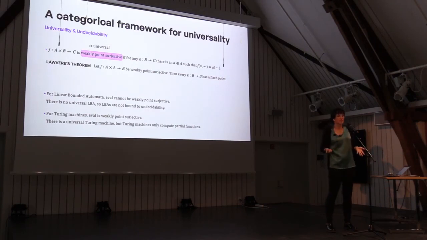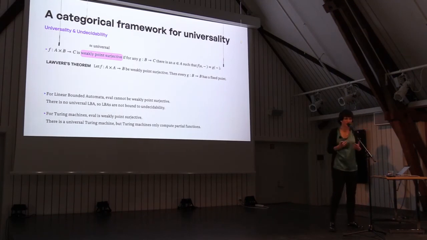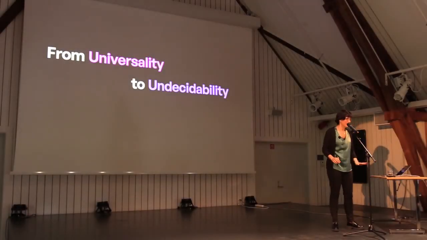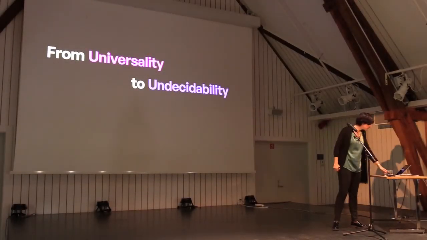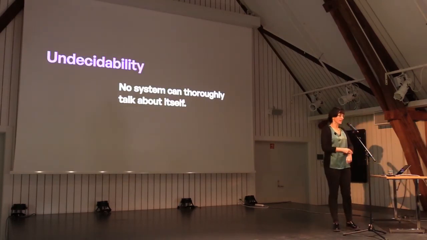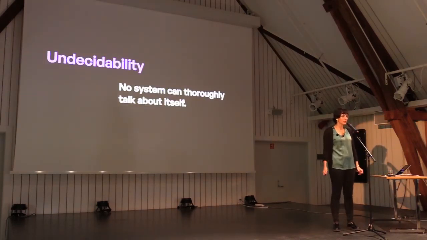But the price to pay is that you have fixed points. What are the fixed points? They are the undefined points, as in the non-halting points. So in other words, Turing machines only compute partial functions. So there's a trade-off here, I think. Okay, now comes my intuitive argument. I take undecidability very broadly to mean that no system can talk about itself.